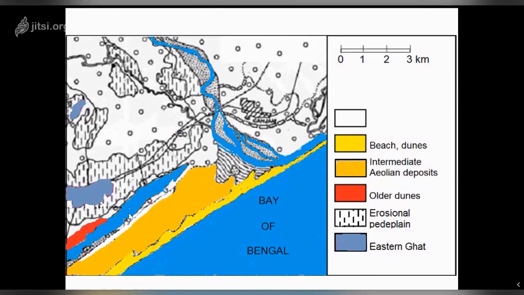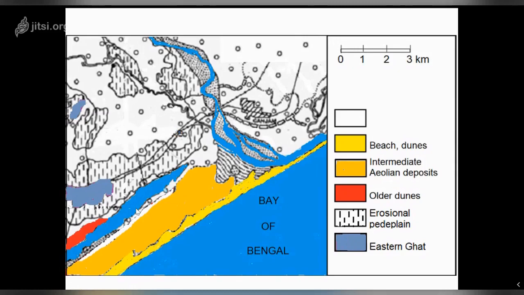Those were the dunes which were formed when the sea level was lowered during the peak of the last glacial. And the last glacial maxima was climatically an arid one.